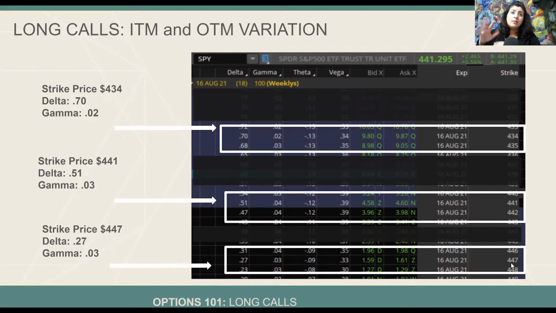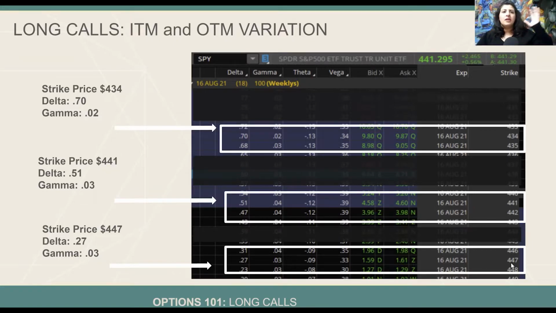But because you're further out of the money, your delta is only 27 cents. So in order to make a $1 increase in value on your option contract, you need the price to move approximately $3. And so you need the price of the underlying to move $3 instead of just $1.